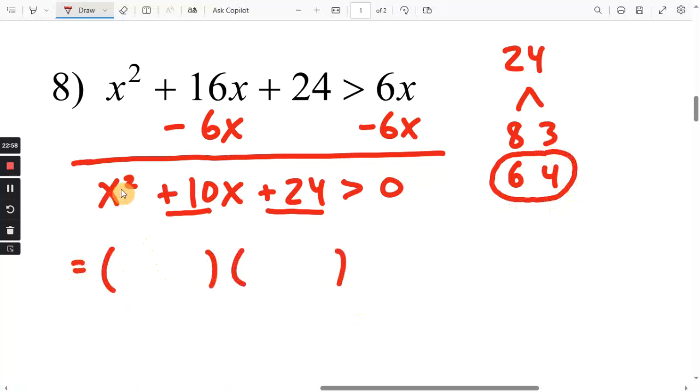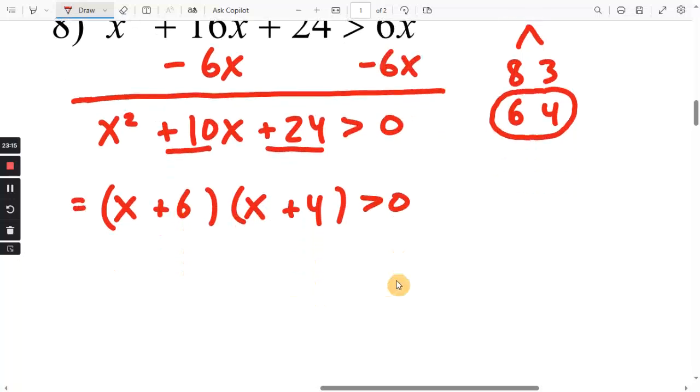All right, x squared means we have to start with x times x, and we're going to use positive 6 and positive 4. And that's greater than 0. You can even write equal 0 at this point. It doesn't matter. All right, so anything times 0 is 0.